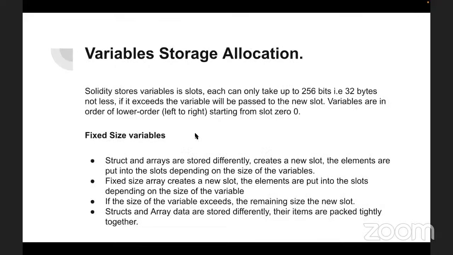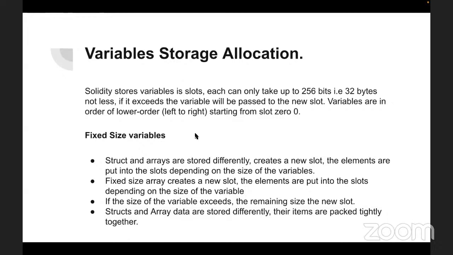Okay, so variable storage allocation. Solidity stores variables in slots, which can take only up to 256 bits, that is 32 bytes, not less. If a variable exceeds that, it will pass to a new slot.